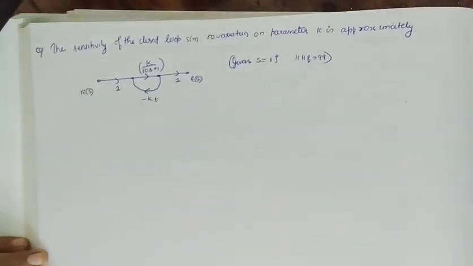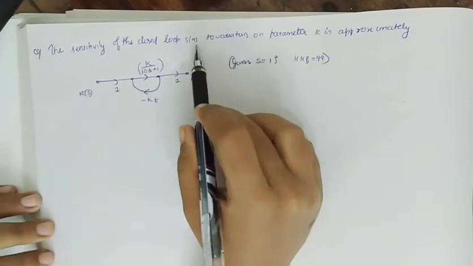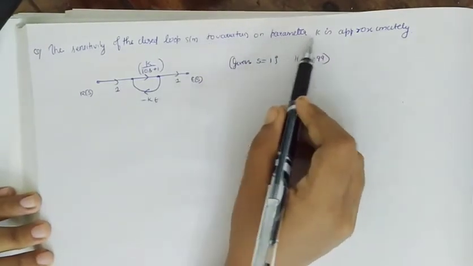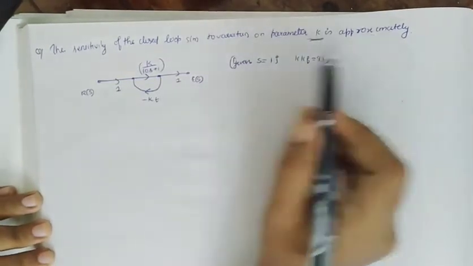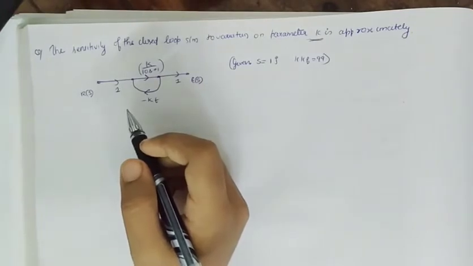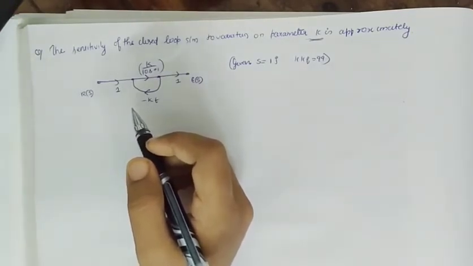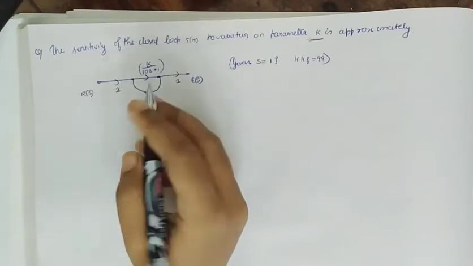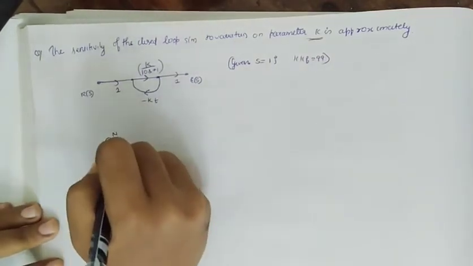Now the question is: the sensitivity of the following closed loop system to variation in parameter k is approximately. That is, the change in transfer function with respect to the parameter k is asked here. So that is S_M^K.